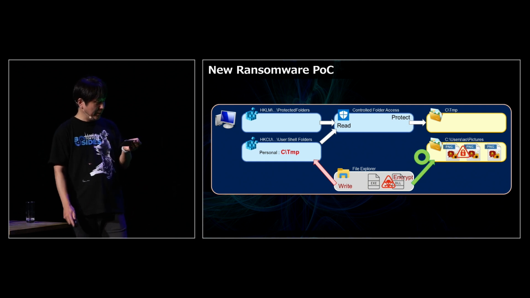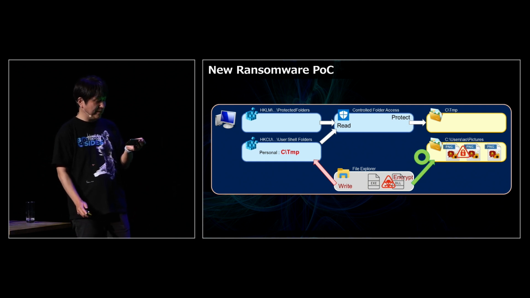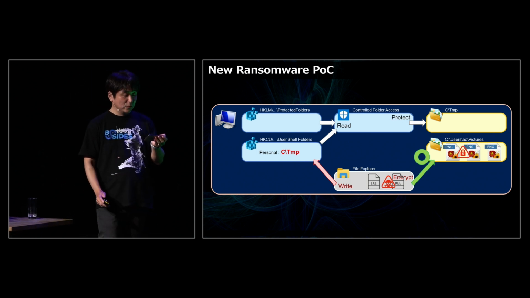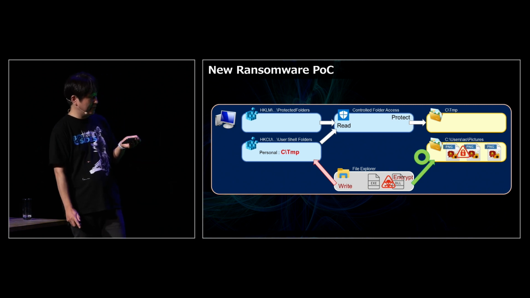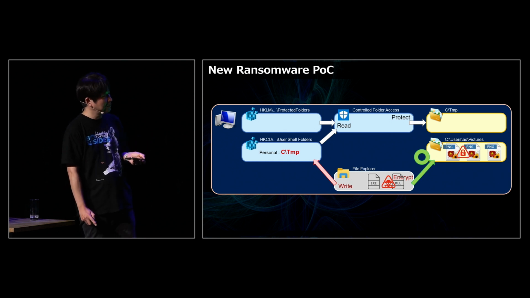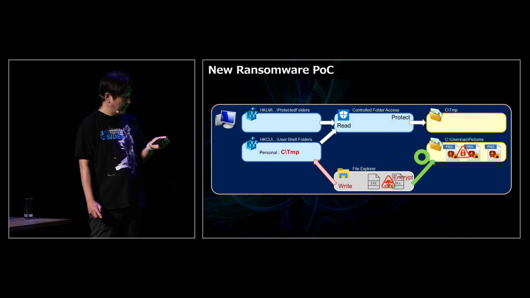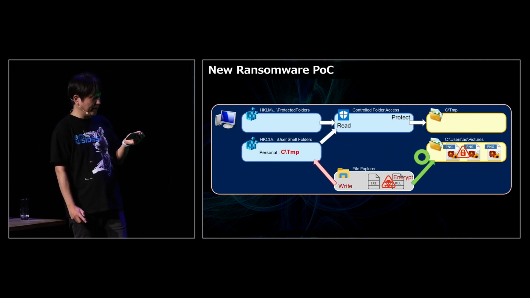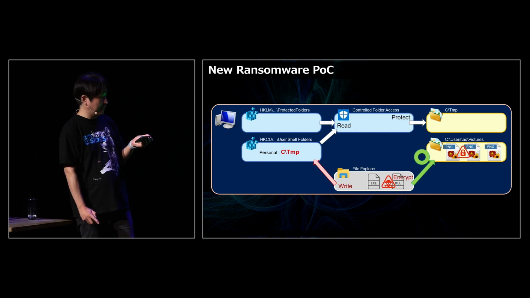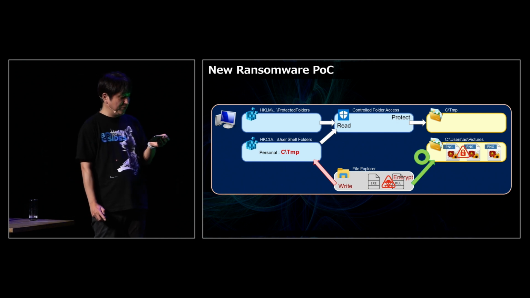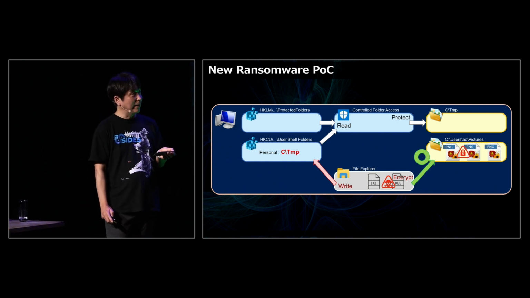However, if a malicious app changes the location of the Pictures folder, the folder protected by Controlled Folder Access is changed. However, the files are not copied or moved. And since the folder before the change is no longer protected, it should be possible to encrypt the image files, right?